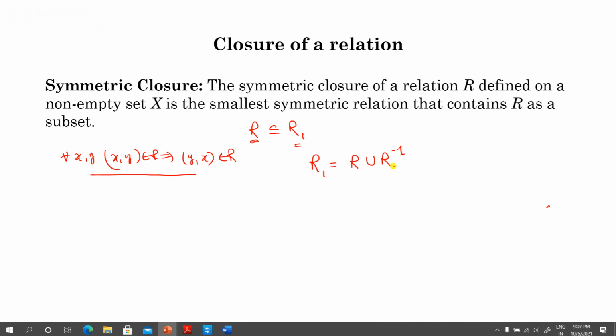So when we find R inverse, it will include all elements of type yx for an element xy. If you find the union of R and R inverse, the relation will become a symmetric relation. So to find the symmetric closure, find the union of R and R inverse. In this way you can find the symmetric closure of a relation.